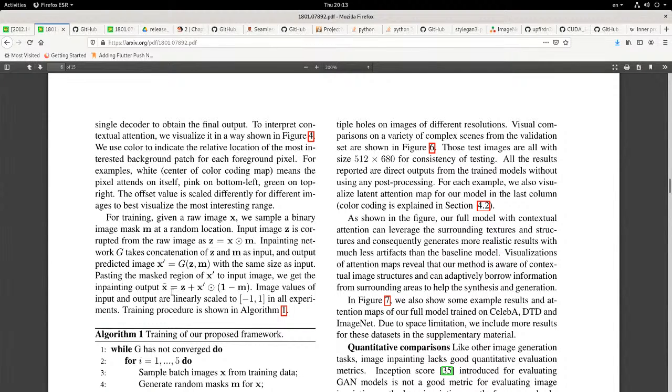Yeah, okay. Image values and output are linearly scaled to [-1, 1] in all experiments. Training procedure is shown in Algorithm 1.